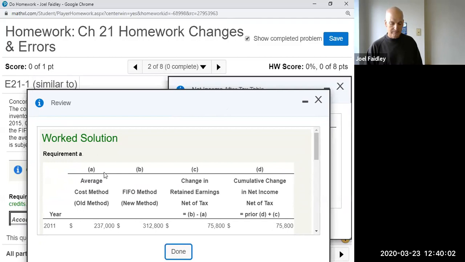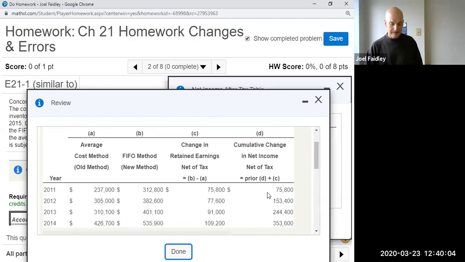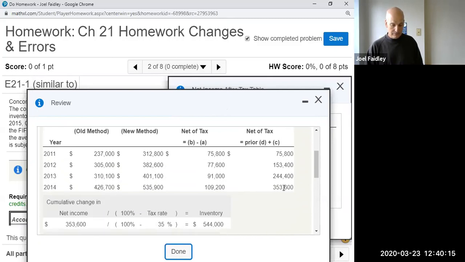This is net income. So my cumulative effect of net income net of tax, $353,600. 75.8 plus 77.6, 153.4 plus 91, 353.6. So my cumulative change in net income divided by the tax rate tells me what my inventory adjustment should be. 544,000.